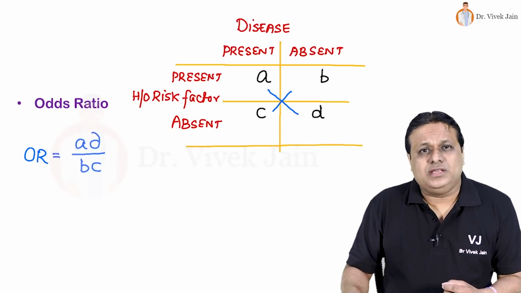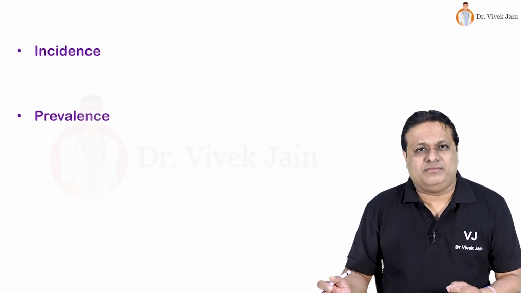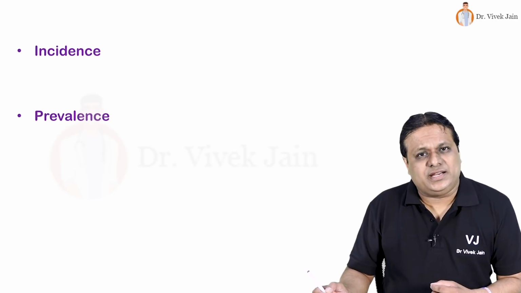Now, how do we measure disease? When we look at morbidity, the two main measures are incidence and prevalence. How do we calculate incidence?